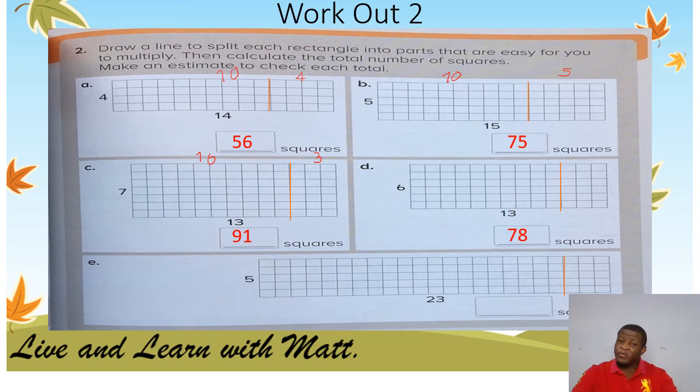Then we have 100 plus 15. 100 plus 15 will be 115. There you have it. Write it down in your book. And we'll go on to the fast finishers.